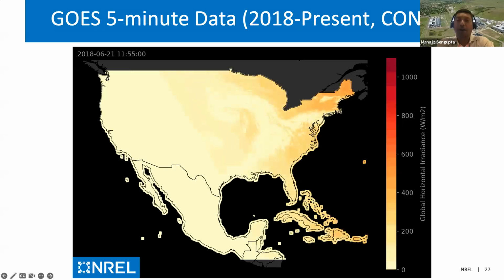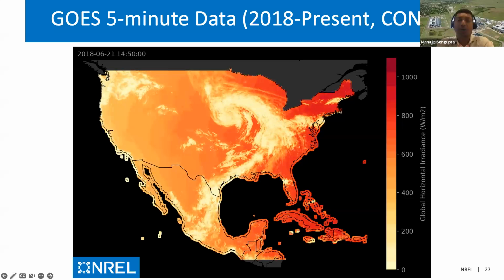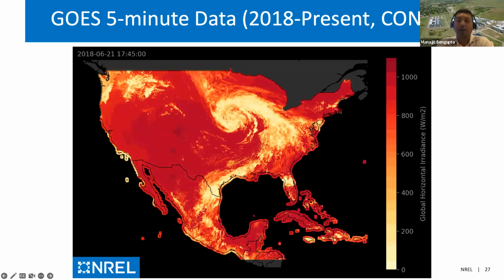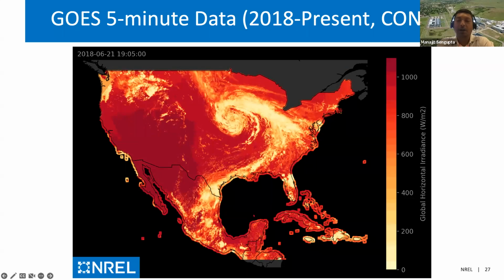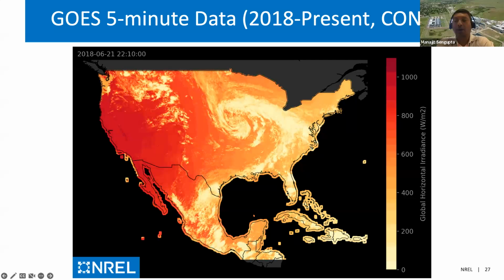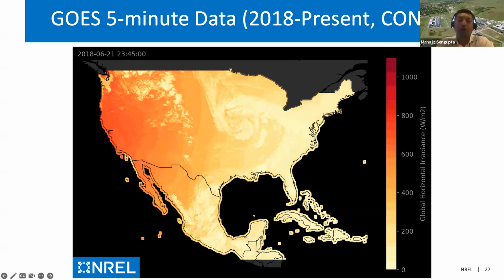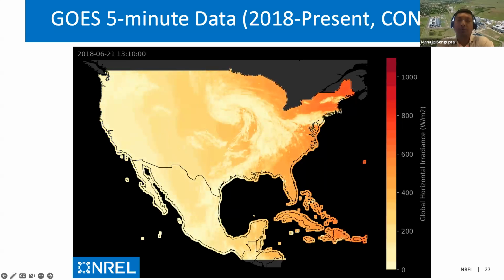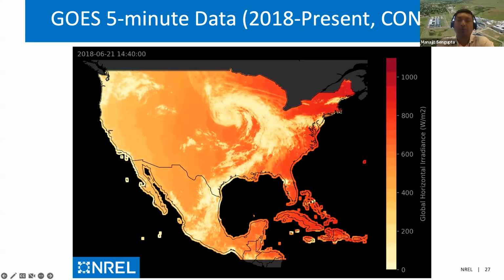Of course, to maintain continuity, we produced 4-kilometer, 30-minute data so that we have continuity in our data products, but we also make available the 5-minute data at 2-kilometer resolution to all our users. We also produce a TMY every year. As we add a year of data, we produce a new TMY, which is made available to our users. Next slide, please.